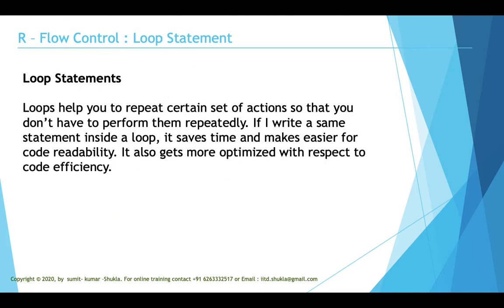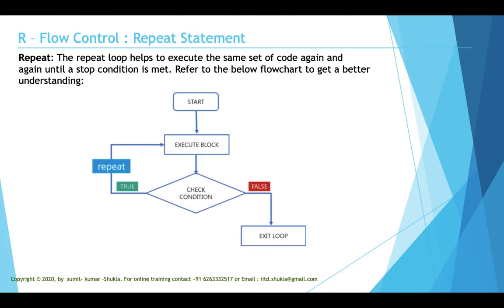So, loop statements. Repeat. The repeat loop will help to execute the same set of code again and again until a stop condition is met. Just refer to this image. You have a block. First, it will enter the execution block and execute a set of code.